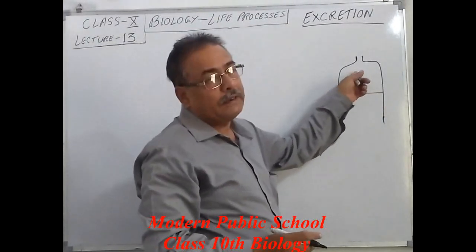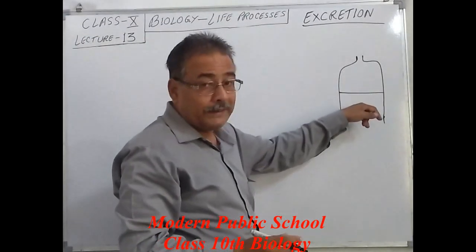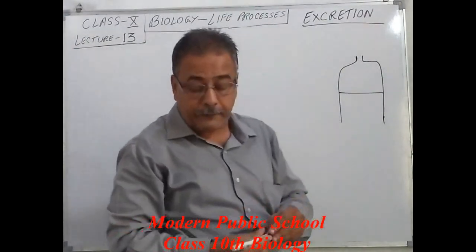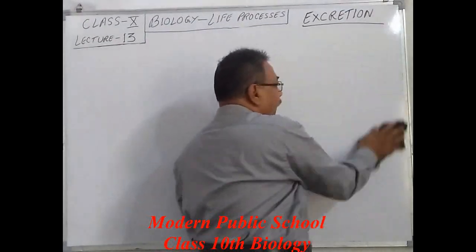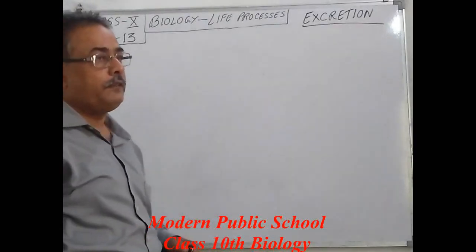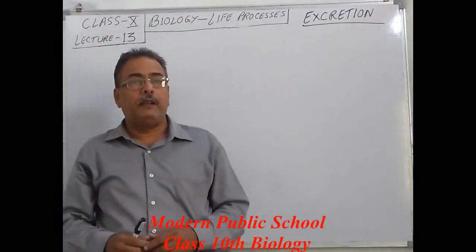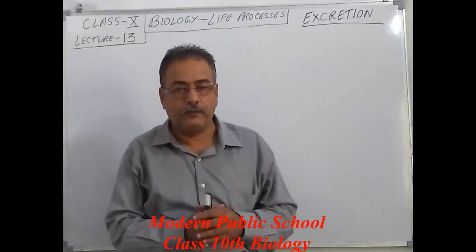The upper chamber is termed the thoracic cavity and the lower chamber is termed the abdominal cavity. One pair of kidneys is present in the abdominal region, one on each side of the backbone.